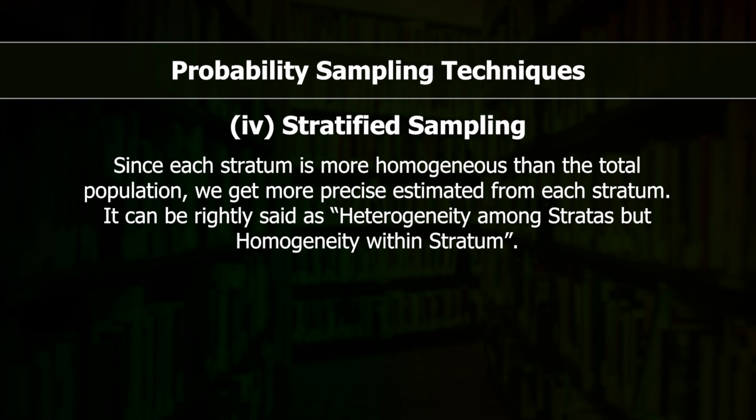Since each stratum is more homogeneous than the total population, we get more precise estimates from each stratum. It can be rightly said that there is heterogeneity among strata but homogeneity within stratum.